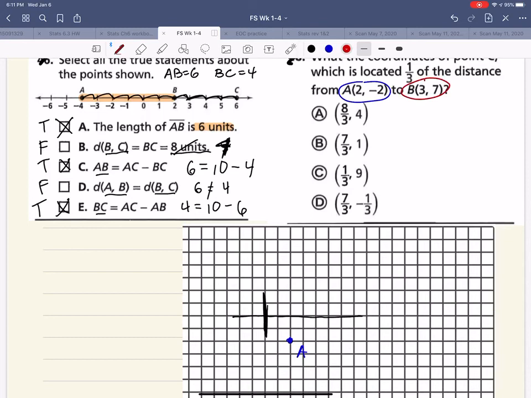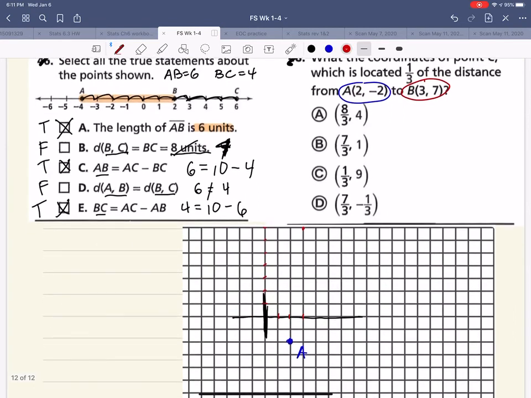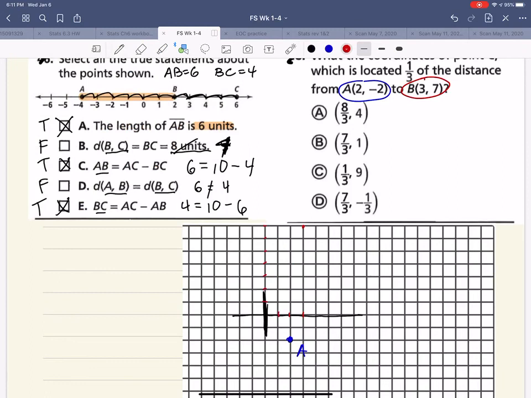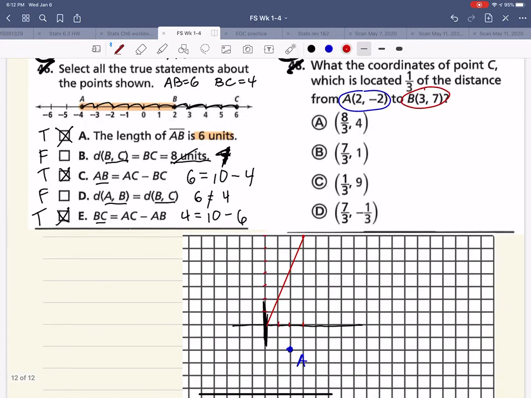All right, so I'm going to go over 3 and up 7. 1, 2, 3, 4, 5, 6, 7. Oh, I went for my origin. That's not what I wanted to do. So this is B, right?